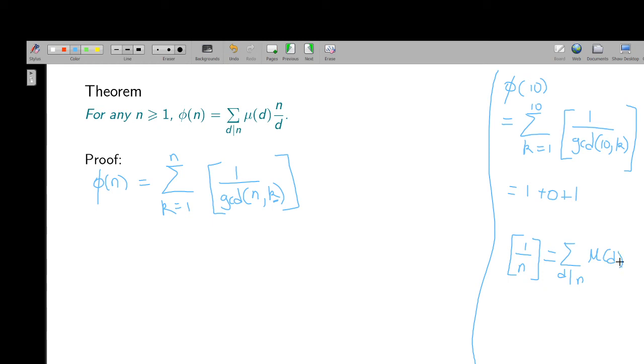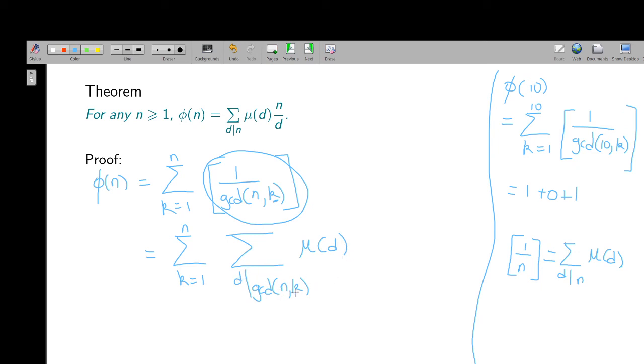So this here is going to be the double sum, summation k equals 1 to n, and this part here will be summation d divides the GCD of n comma k, of mu of d.